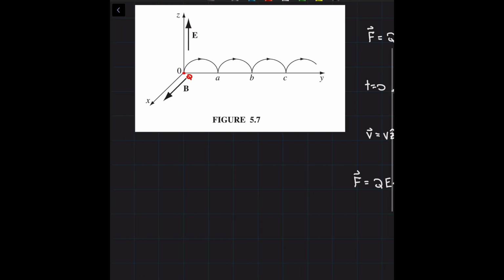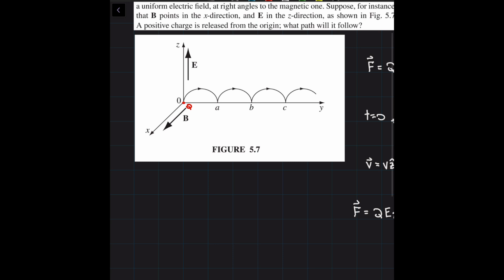which is why you see that essentially what happens is this charge begins by accelerating in the z direction, and that develops the force in the y direction, which pulls it over and towards the y-axis until it comes down.